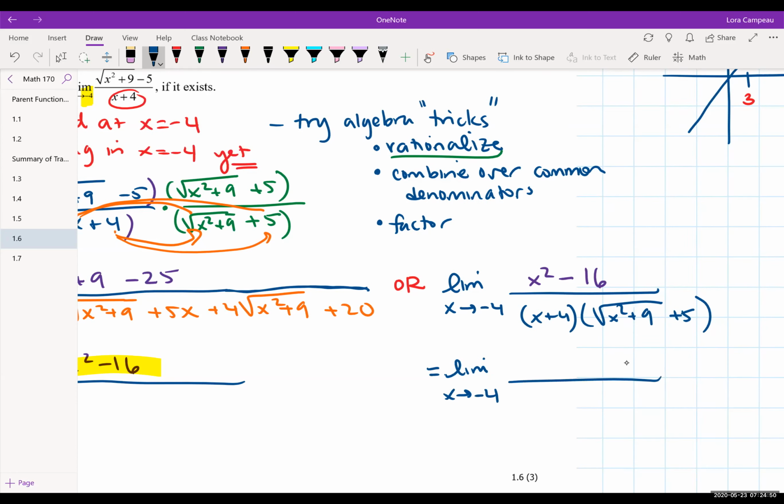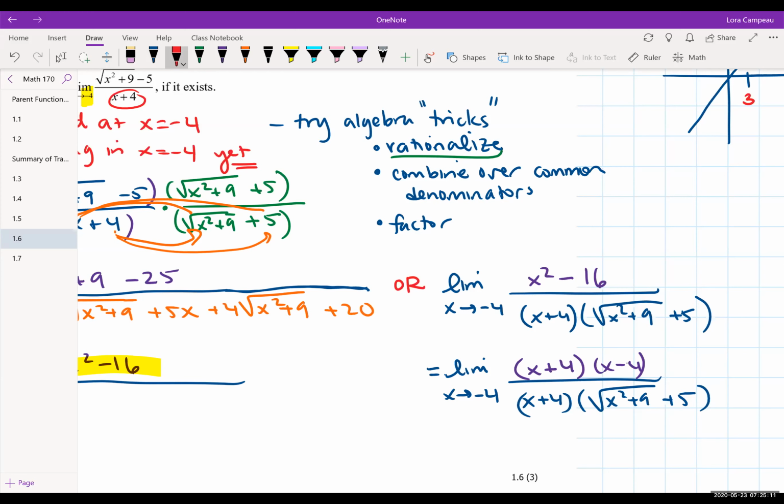And notice I keep having to write the limit because I have not evaluated the limit yet. x squared minus 16 is x plus 4 times x minus 4. I'm really excited when I see this because you probably see it right now too.